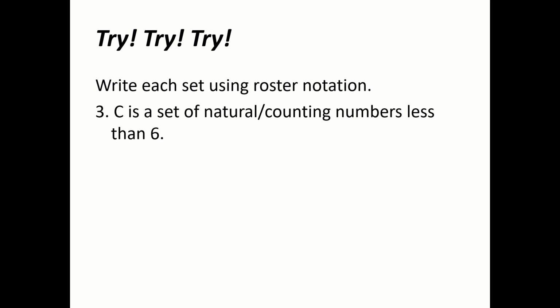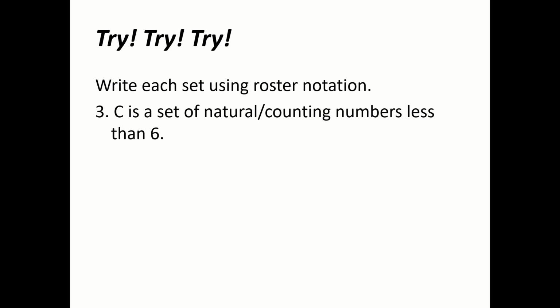So when we say natural or counting numbers, these are numbers that start at 1, 2, 3, and so on. To easily remember, normally when you count, you start with 1, but you don't usually say 0 when you count. Okay? That's why it starts from 1, 2, 3, and so on.